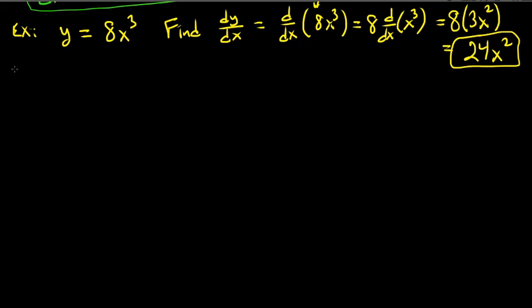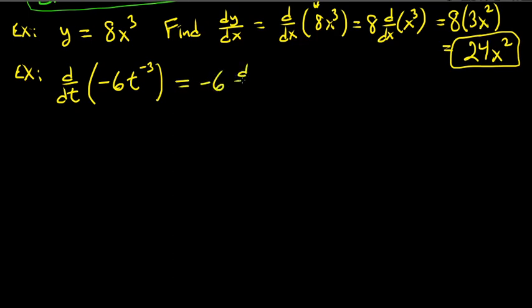Okay. Let's do a few more. So I'll just write it this way. Suppose we want to take the derivative with respect to t, this time, of negative 6 t to the negative 3. Okay, so the negative 6 is a constant.